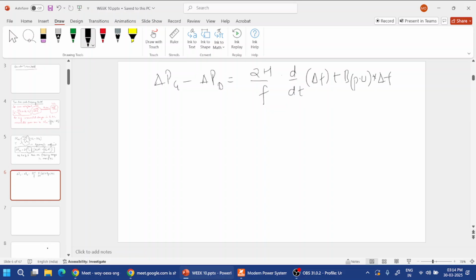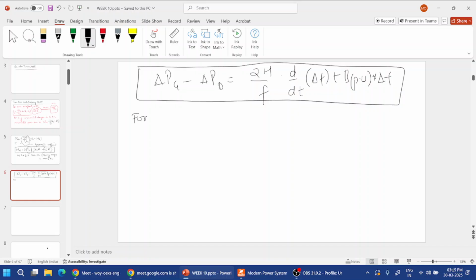We derived this equation for the generator turbine model, and we will use it here. For area 1, del Pg1 minus del Pd1 is equal to 2H1 over f1 times d by dt of del f1 plus B1 del f1.